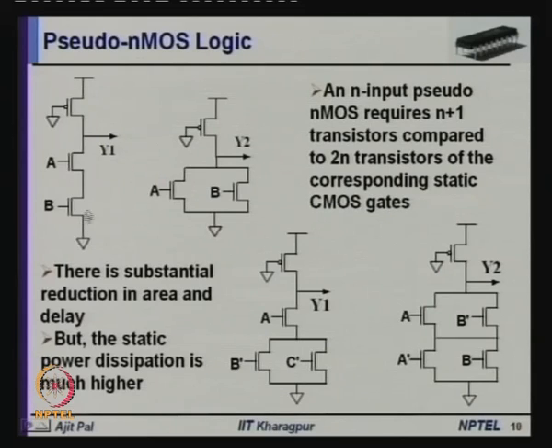Because of this static current flow, there will be large power dissipation. We are discussing low power circuits. Obviously, the pseudo NMOS circuits cannot be used for low power applications because of large static power dissipation.